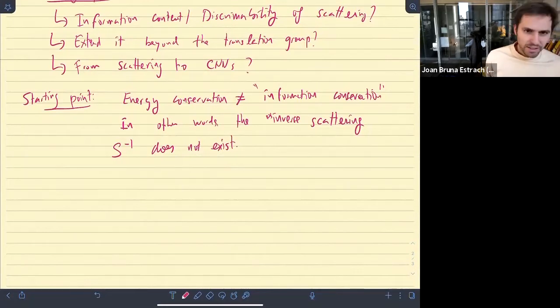And so where does this loss of information arise, right? So what is this part of the process that is lost?